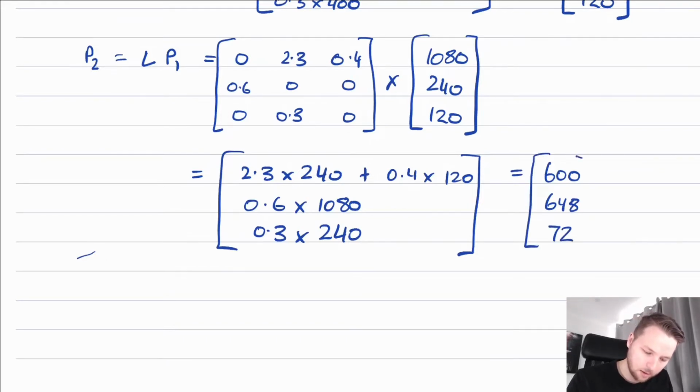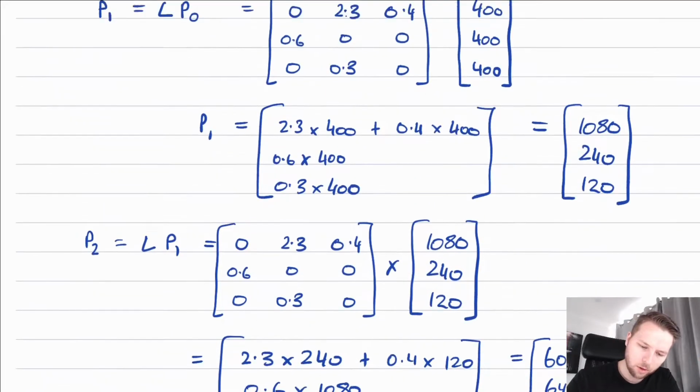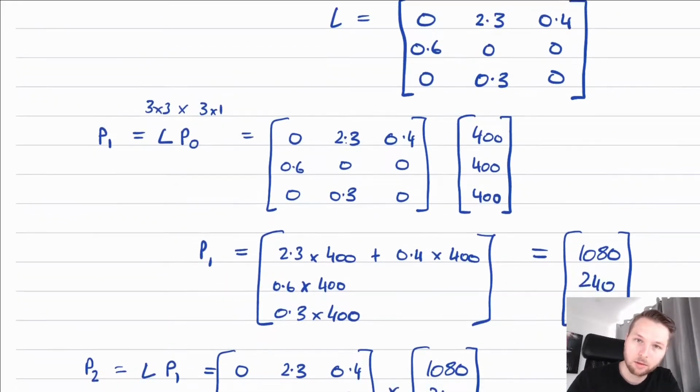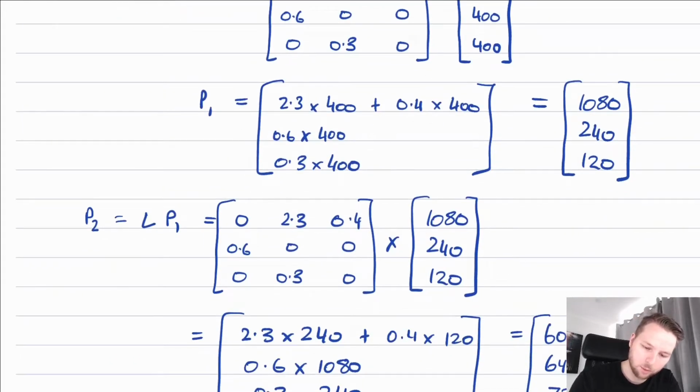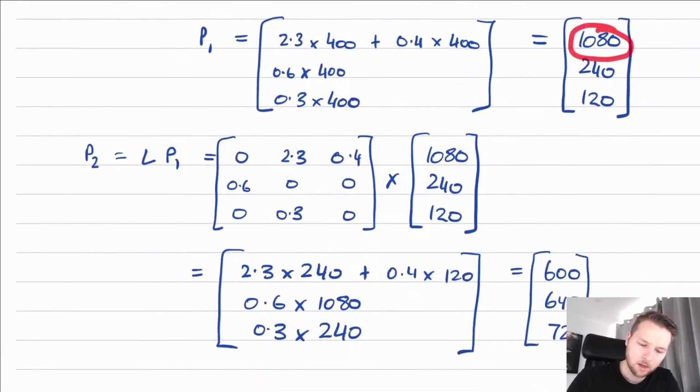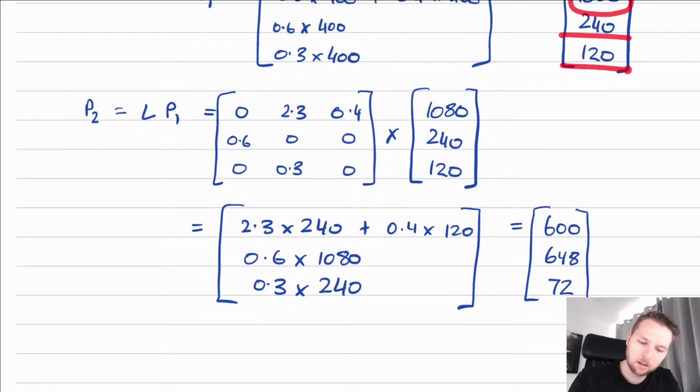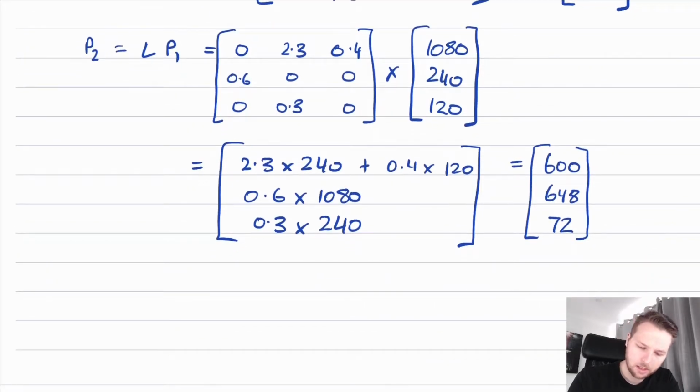Alright, so now we have our second population amount, and it's jumped around a bit more, but it's also evened out. Initially we had 400 in each of the categories. Then we had this really big baby boom, but the middle and upper age groups went down a lot. And then we see this happen again.